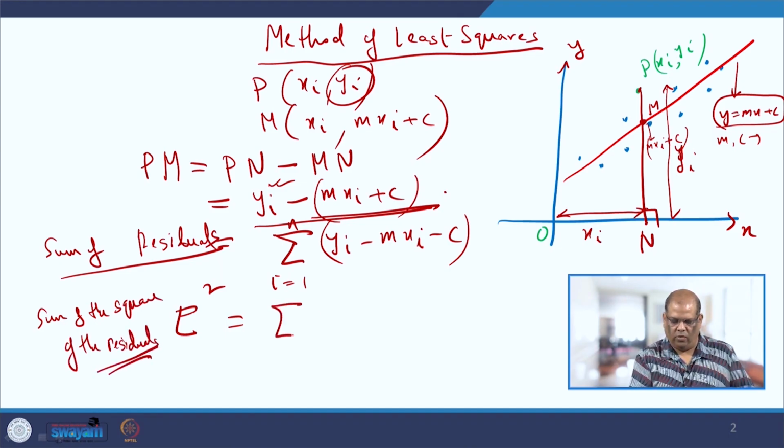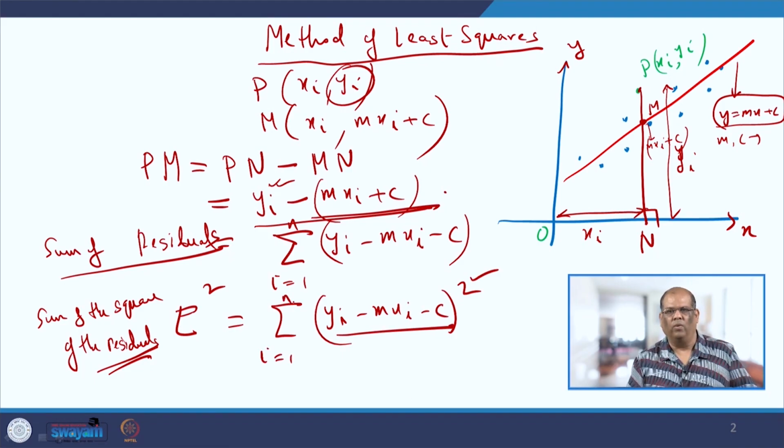So, this is going to be yi minus mxi minus c, the whole square. This is the residual, this is the square of the residual, and then I sum it from 1 to n. And we name it as E.